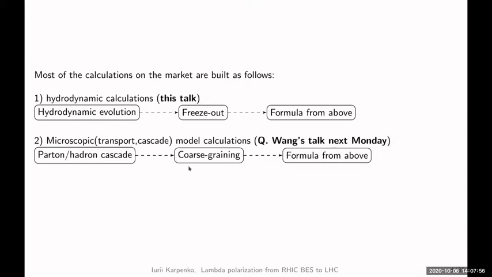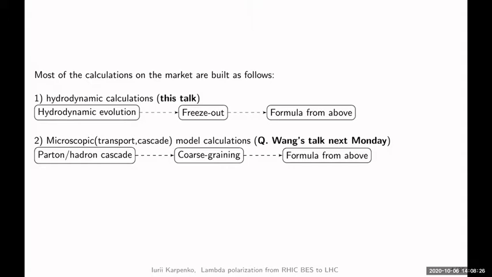And once there are the fields of thermodynamic variables, one can again use the formula from the slide above. In principle, that's how it's done in most of the transport calculations. And with that, I refer to the talk next Monday because I overstep a little bit my domain here.